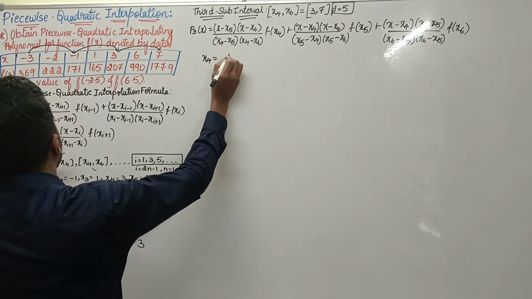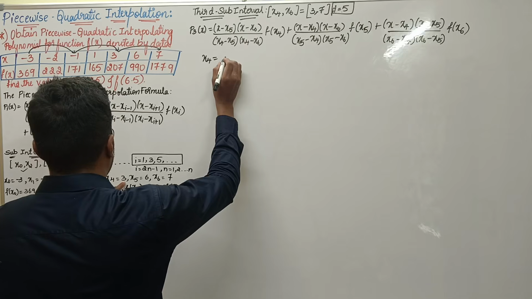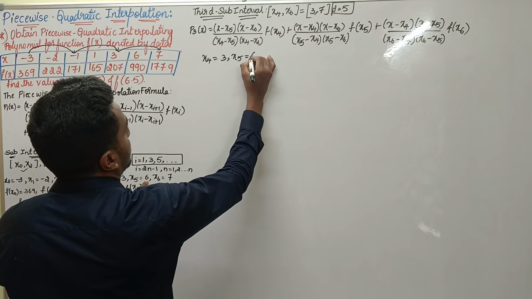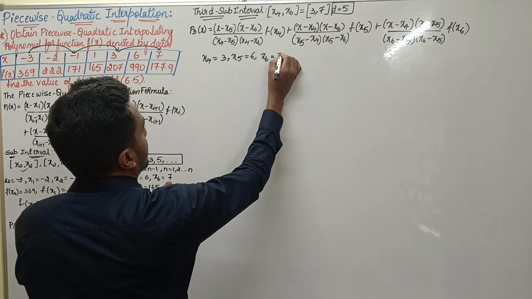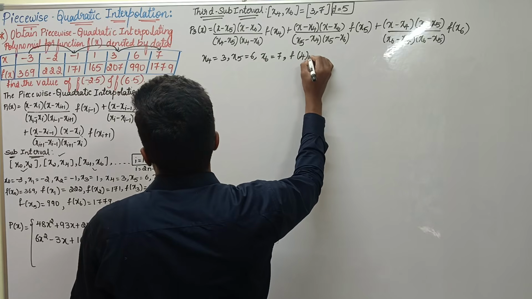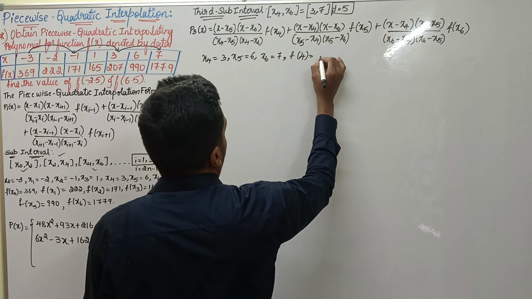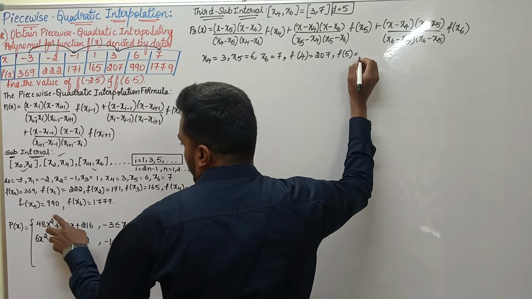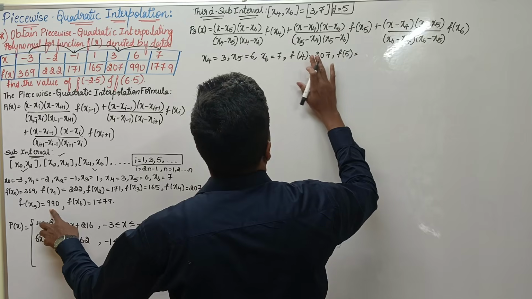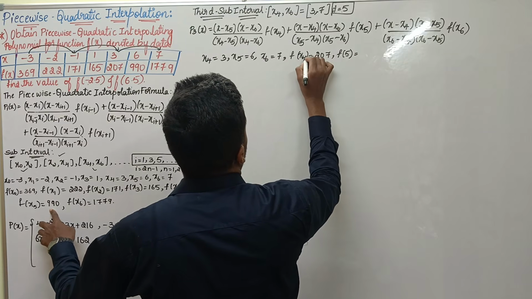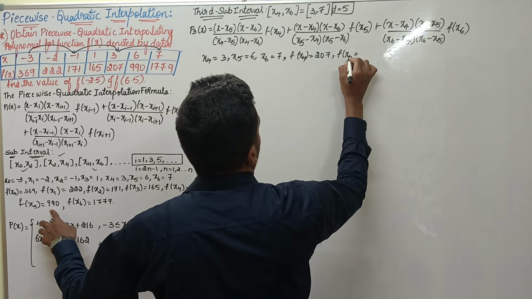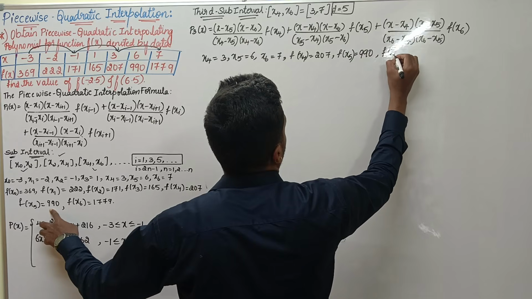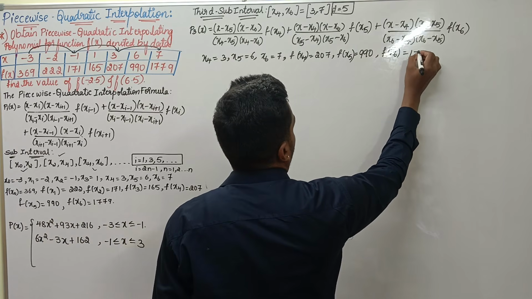Now let us consider the terms required for the simplification. What does x4 represent? x4 I have 3, x5 I have 6, x6 I have 7. f of x4 is 207, f of x5 is 990, f of x6 is 1779.